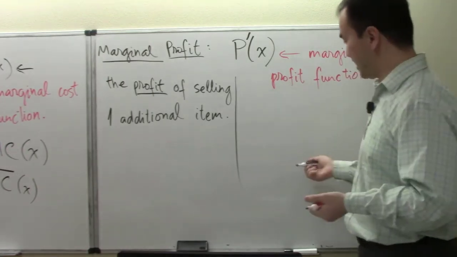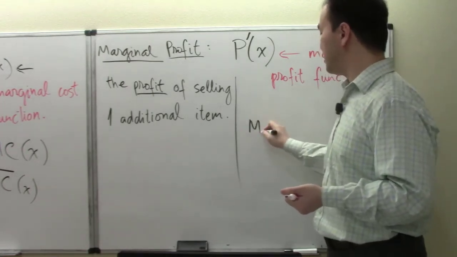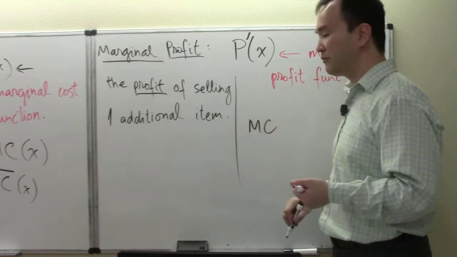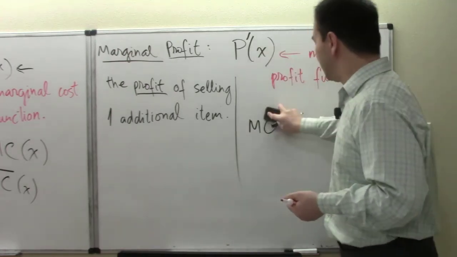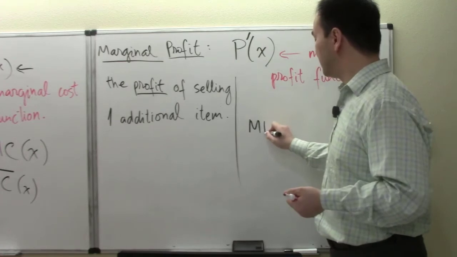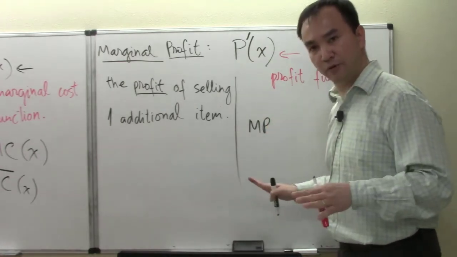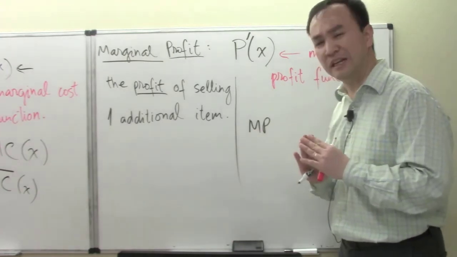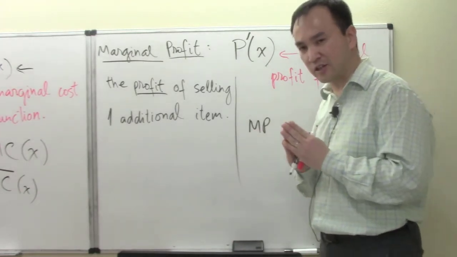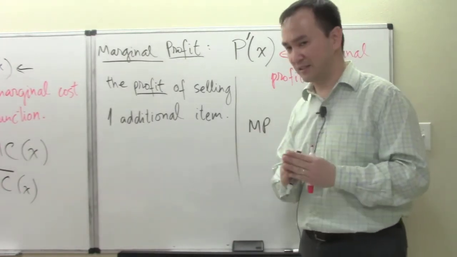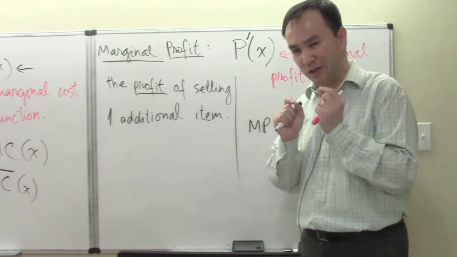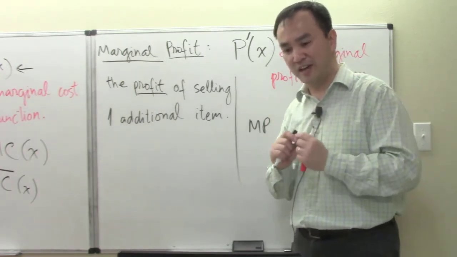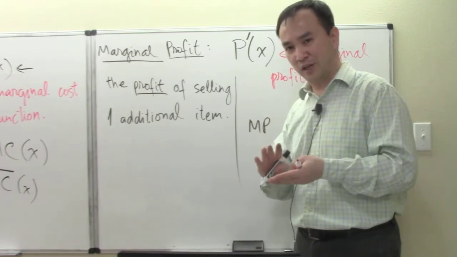But I also have to point out, I've seen quite a few textbooks using the symbol capital MP, or maybe even capital M with a lowercase p. Believe me, you have to be flexible with this. When you're doing business, you always have to focus on your own situation.